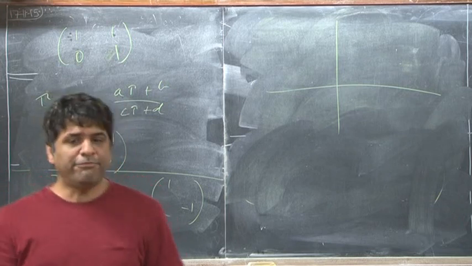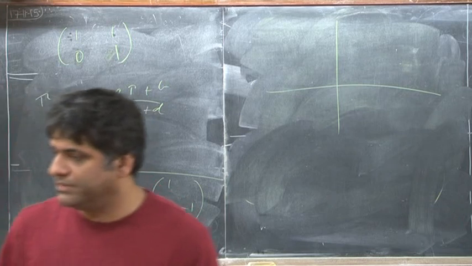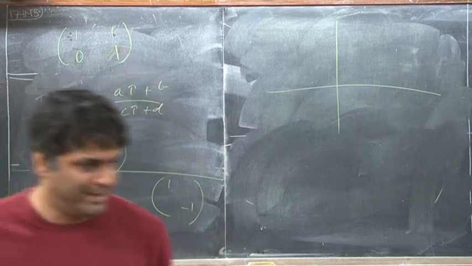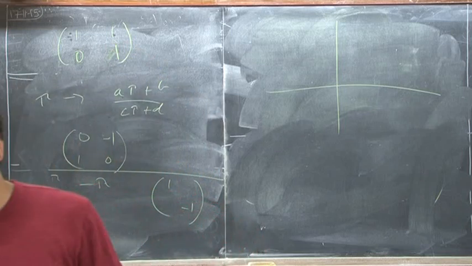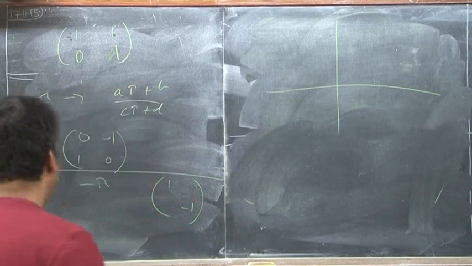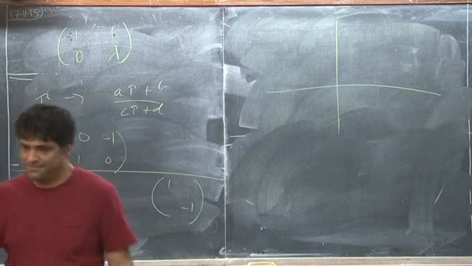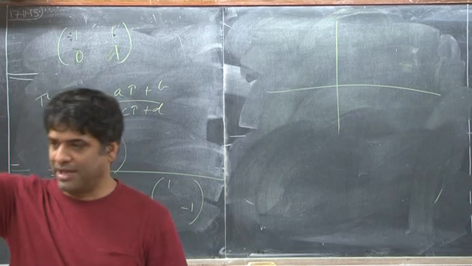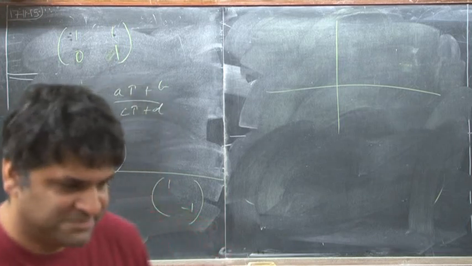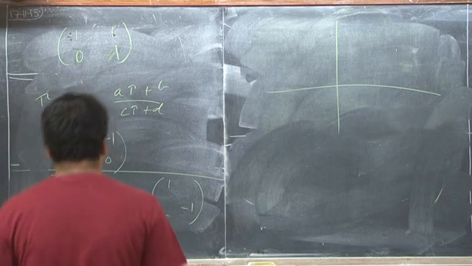The first thing we can always do: by tau goes to minus 1 by tau, we can always make sure the modulus of tau is less than 1. Because suppose tau has modulus greater than 1, we take 1 by tau of that.